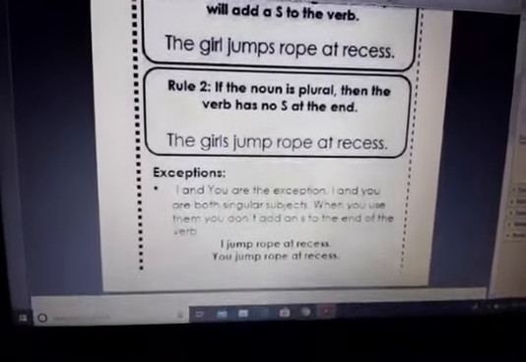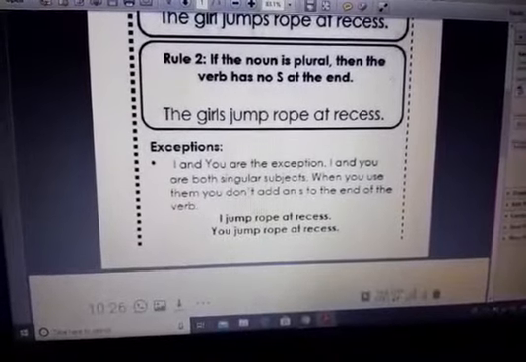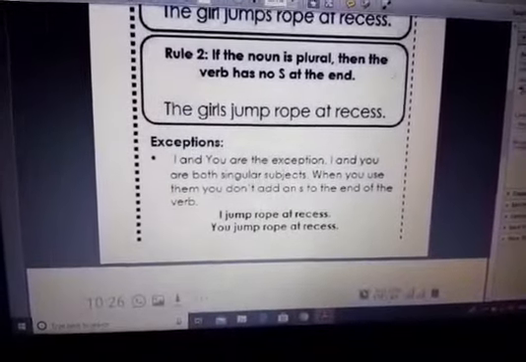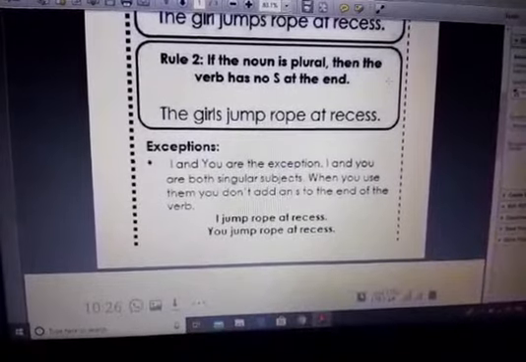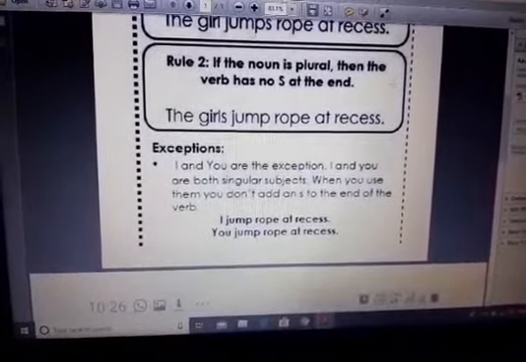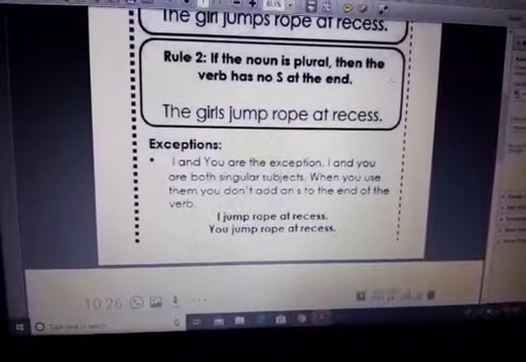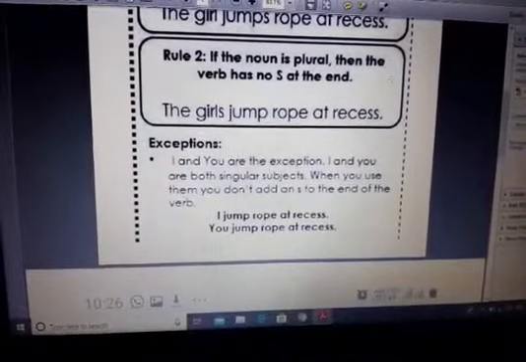Now let's move on to the rule number 2. If the noun is plural, then the verb has no s at the end. The girls jump rope at recess. See once again the rule number 2. If the noun is plural, then the verb has no s at the end.